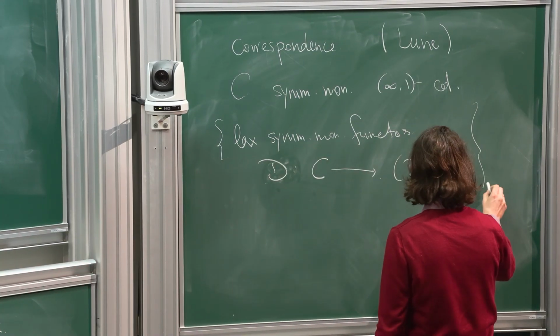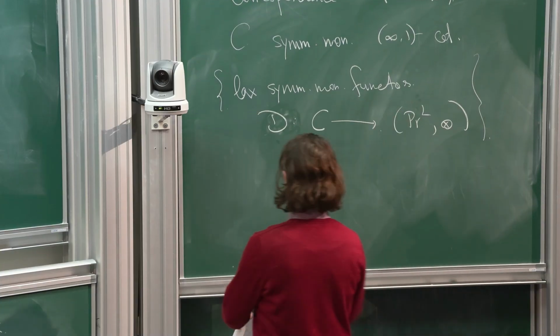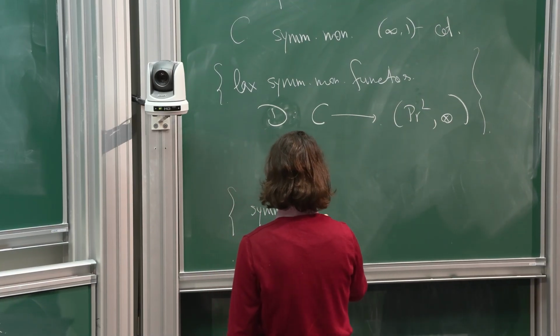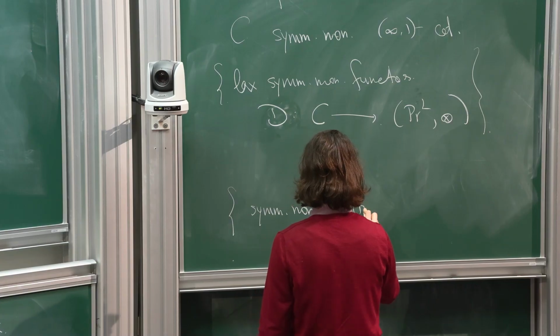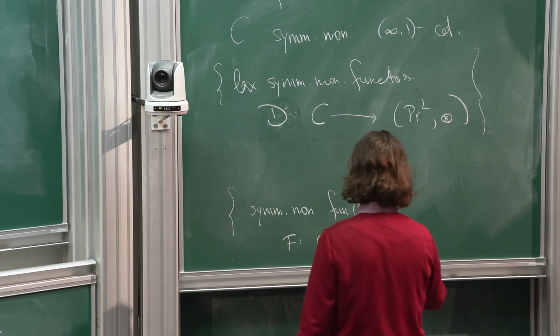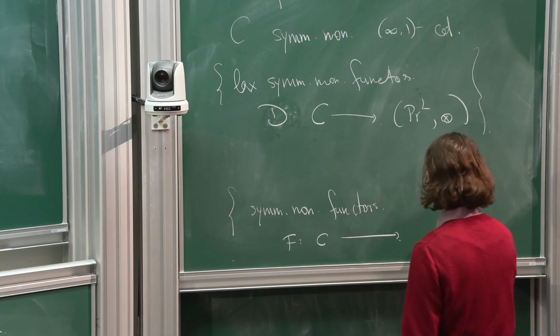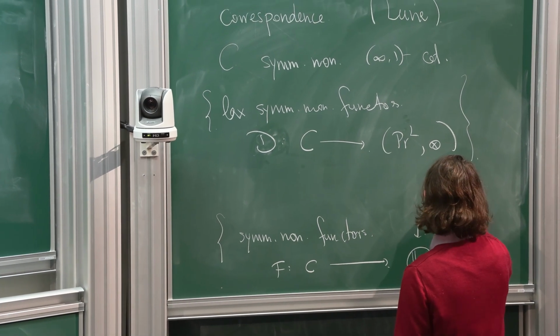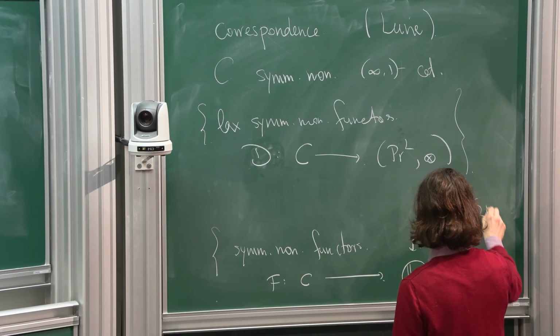And on the other hand, you can consider strict symmetric monoidal functors, let's call them F, from C towards, let me call it C double, some symmetric monoidal presentable infinity 2 category.